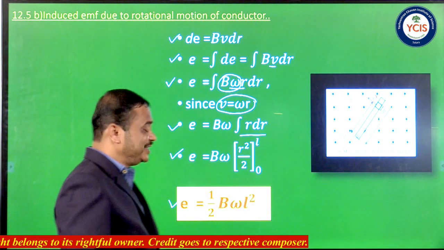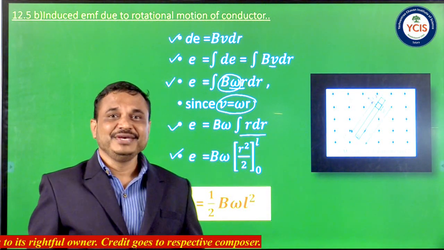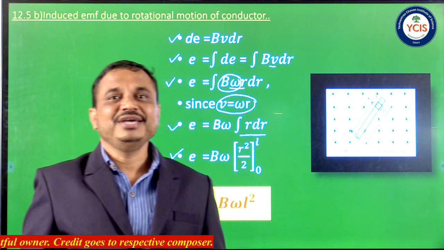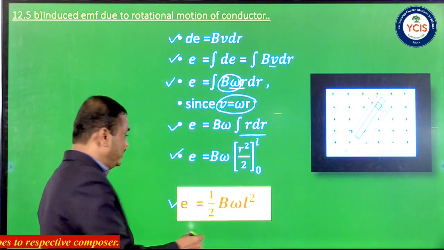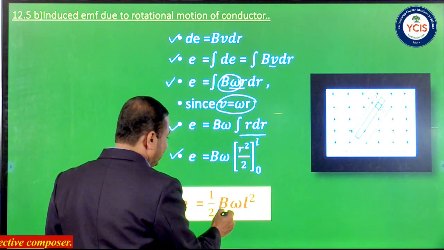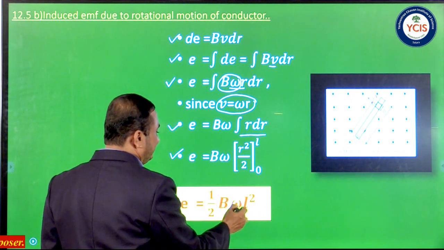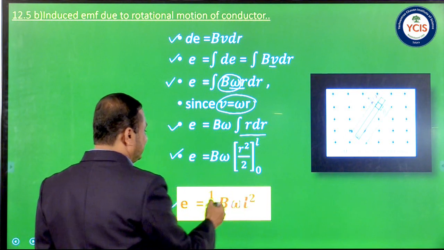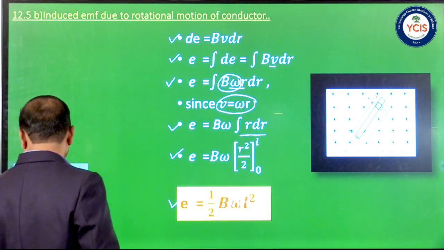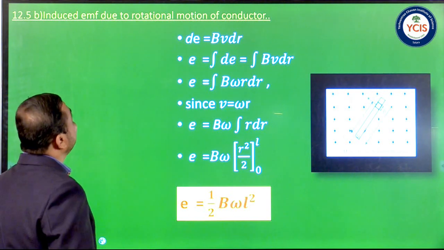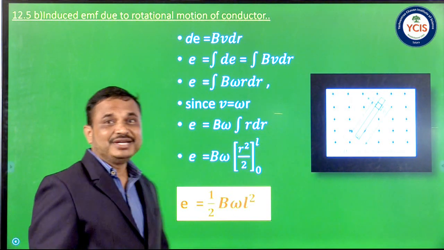So this is the expression for induced EMF in a conductor of length L when it rotates in a magnetic field of induction B with uniform angular velocity omega: E equals half B omega L square. This is the expression for induced EMF when there is a rotational motion of a conductor.